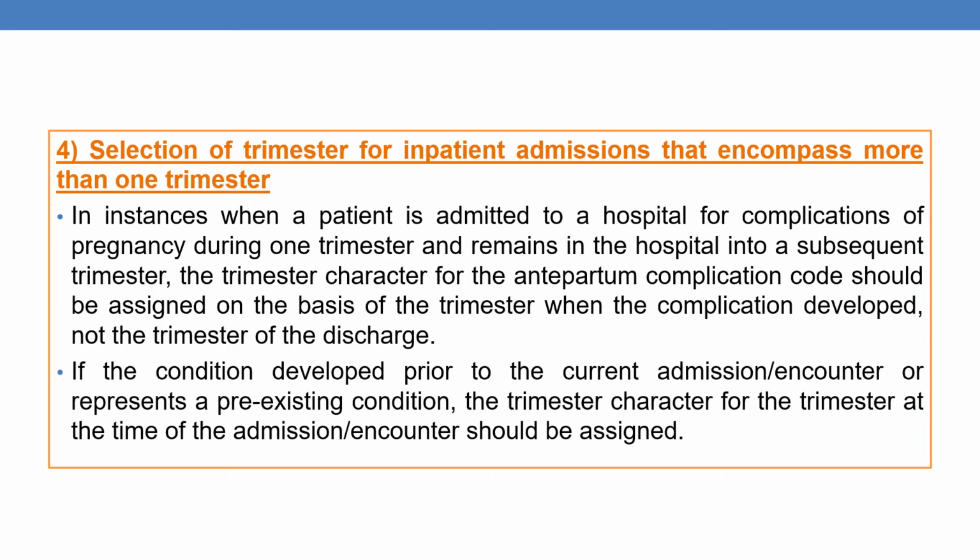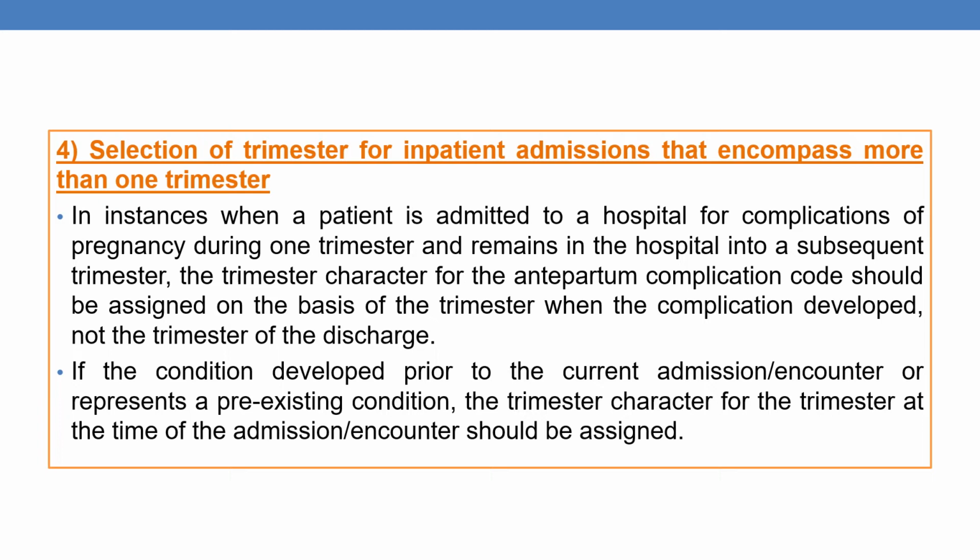For example, a particular complication has developed during the second trimester and the patient got admitted in the hospital at 26 weeks gestation. The patient stayed in the hospital for 3 weeks, that is 26 plus 3, 29 weeks. The patient got discharged at 29 weeks. That is, at the time of discharge, the patient is in third trimester. During the admission, the patient is in second trimester.